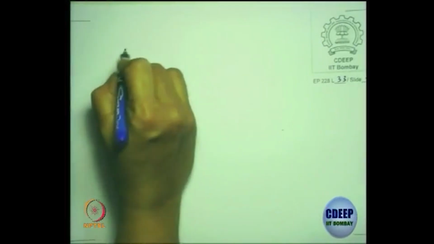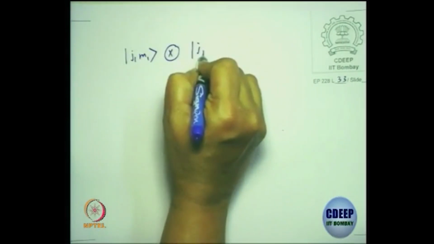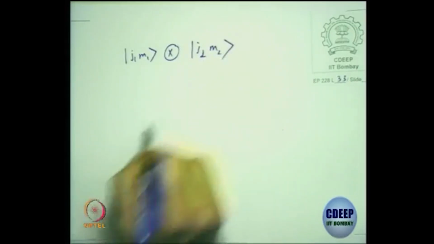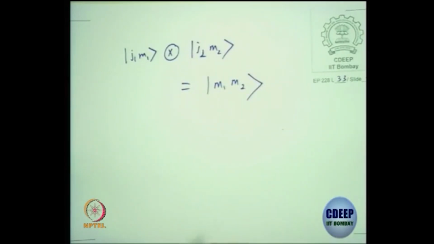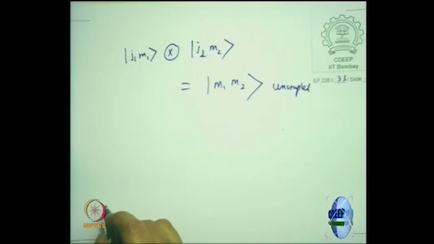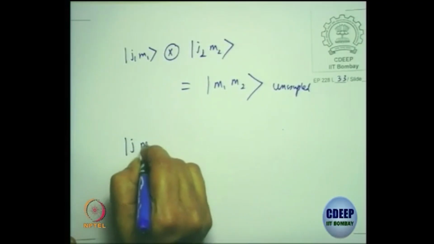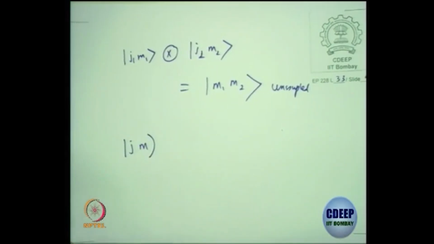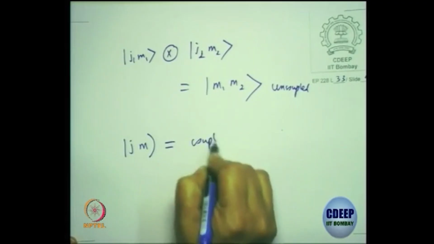If you read books, you will get to see them. So this is what we did: J1 M1 tensor product J2 M2, which we called an uncoupled state. Let me suppress the J1 J2. And then we had another one, which was J M, which for convenience I put in this bracket, which I called coupled.